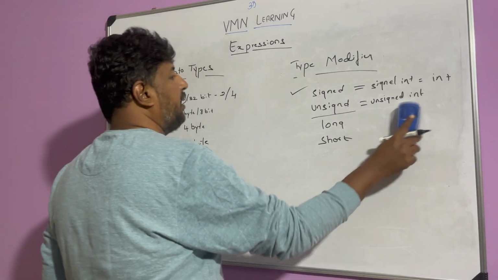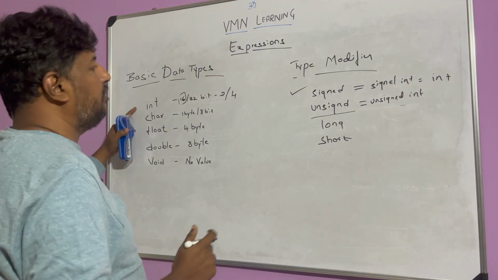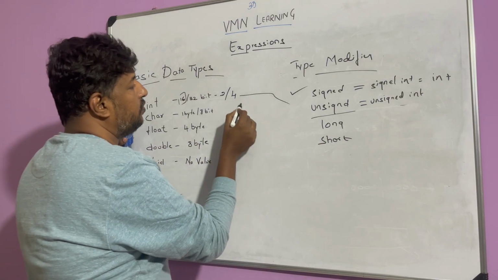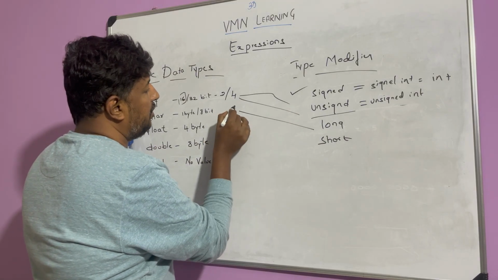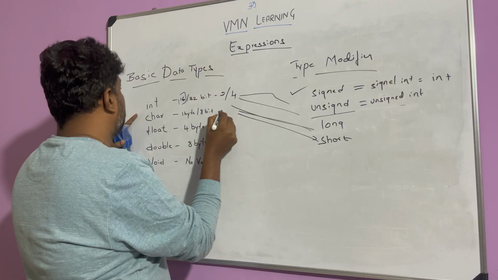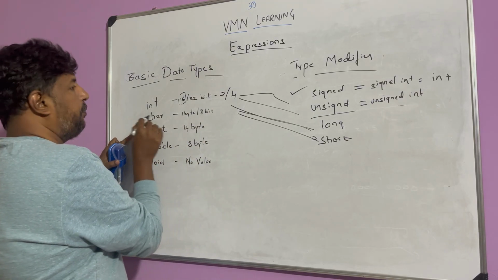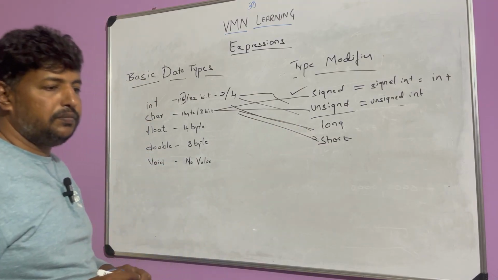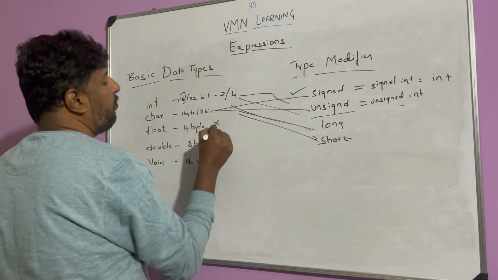One more thing to remember: int can be paired with all 4 modifiers. Char can be paired with some of them. For float we don't use any modifiers.